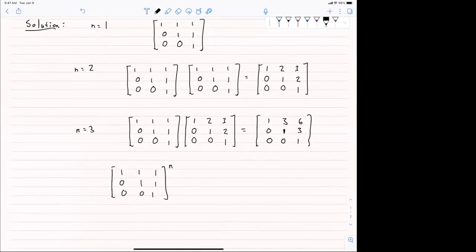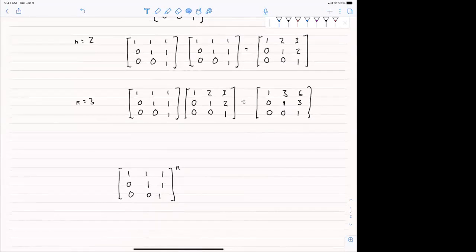Maybe let's just do one more and we'll see if we can see the pattern then. And then we'll take a stab at the final guess. Okay, so I'm going to take my matrix here. That's the matrix I'm taking the power of.